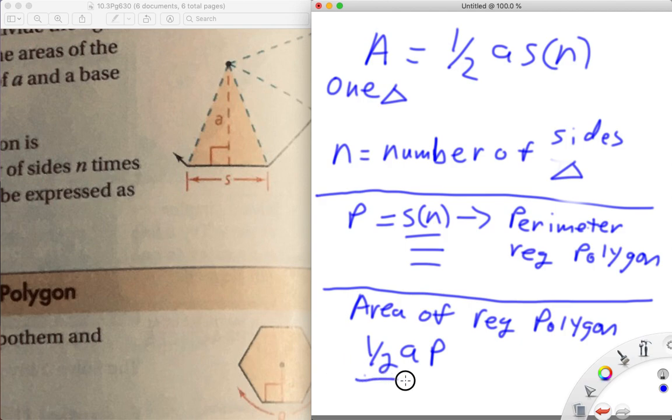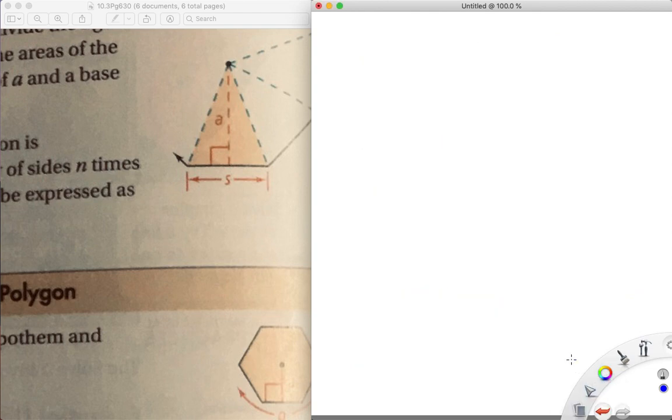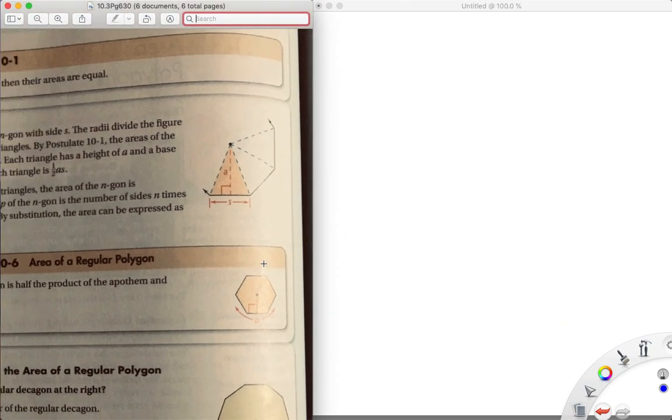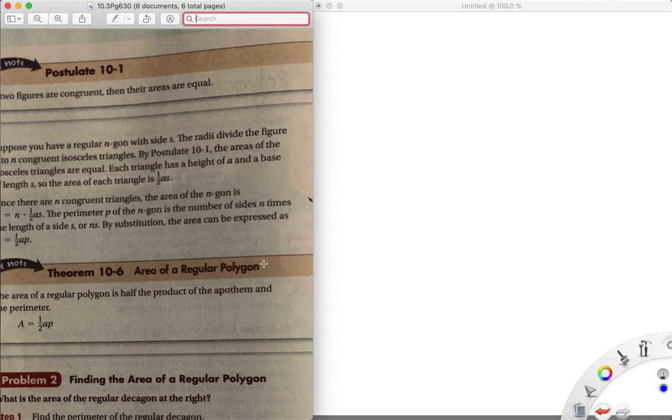This is the area of a regular polygon: 1/2 the apothem times the perimeter. And they gave you that right there, 1/2 A times P.